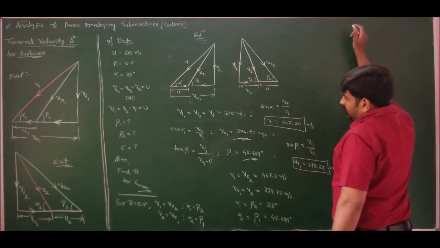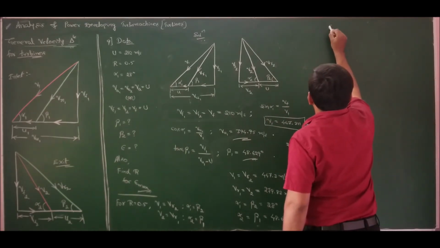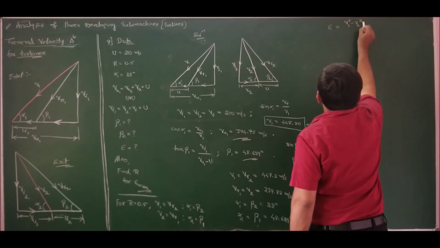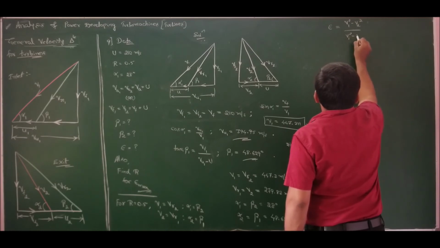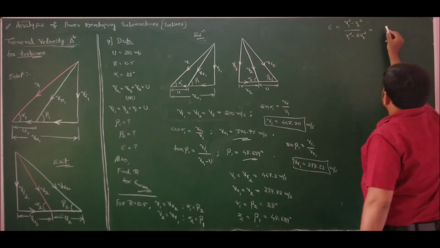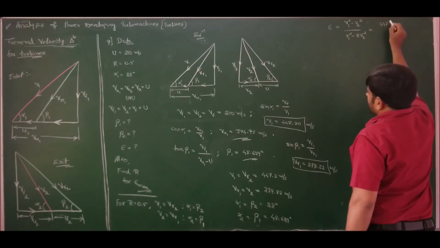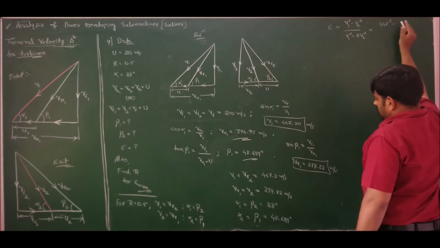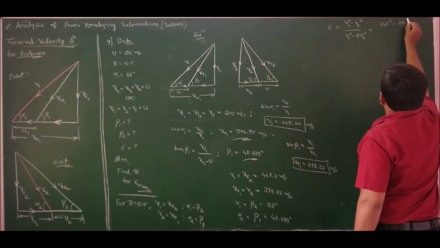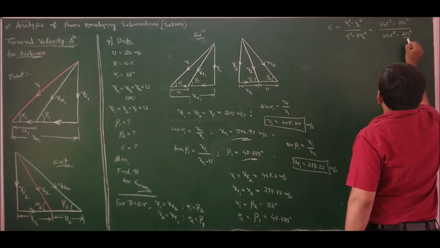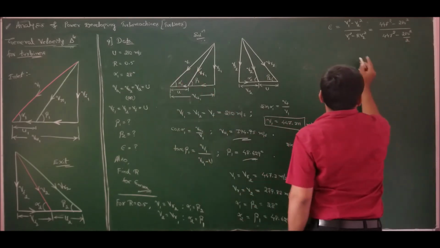Coming to utilization factor, we know that utilization factor is V1 square minus V2 square by V1 square minus R V2 square. So V1 is 447 square minus V2, which is VR1, 280, divided by 447 square minus 280 square by 2, since R is equal to 50%.